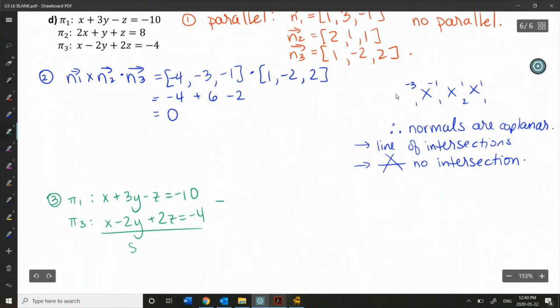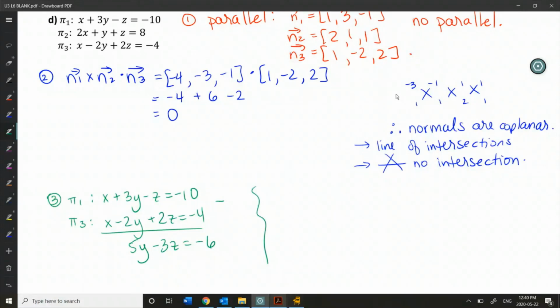Okay, and we'll subtract. So we're going to get 5y minus 3z minus 6. And then for the second one, maybe we'll do 2 times plane 1, and we'll use plane 2.